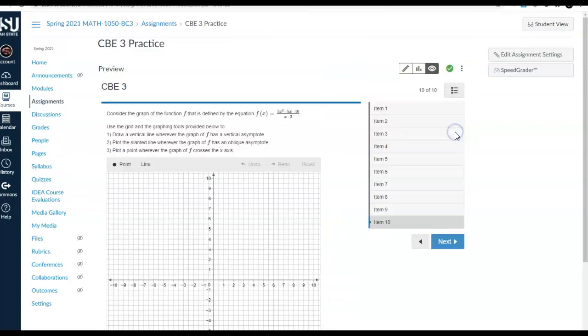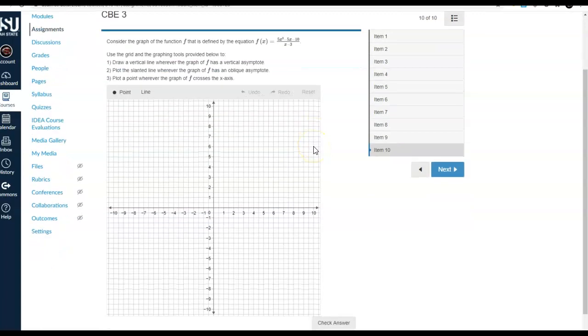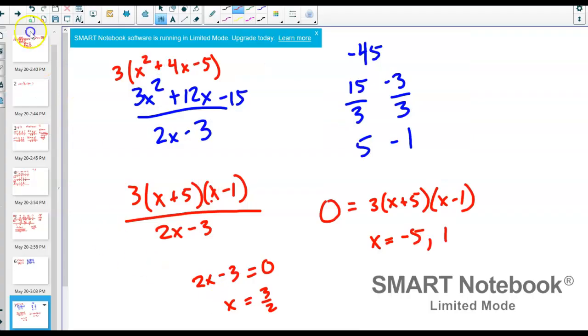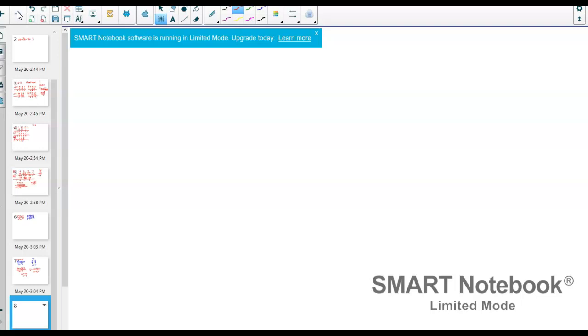And yeah, so there's no horizontal asymptote, so I don't have to draw that one as well. Last one, I'm looking for my vertical asymptotes again. Again, I'm going to factor that numerator. So I've got 5x squared minus 5x minus 10 all over x minus 3.